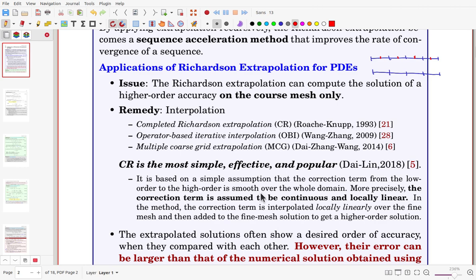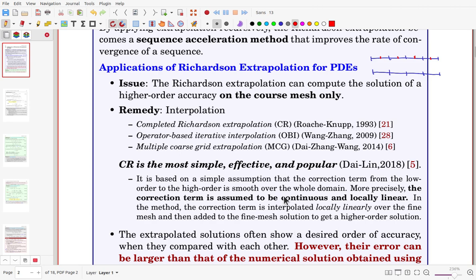More precisely, the correction term is assumed to be continuous and locally linear. So in the method, the correction term is interpolated by a linear interpolation method over the fine mesh, and then the interpolated correction term is added to the fine mesh solution to get a higher order solution.